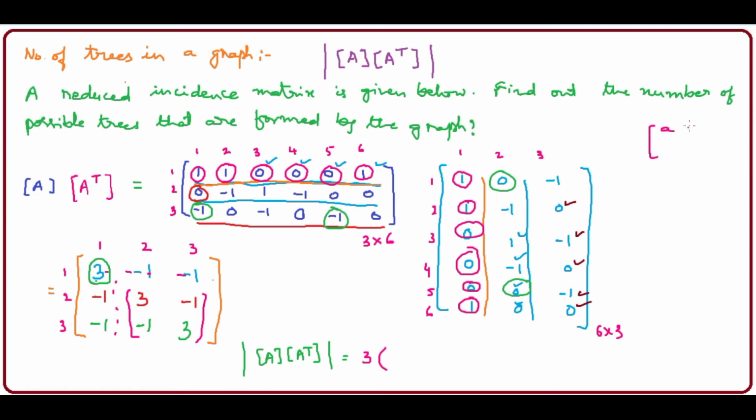If it is A, B, and C, and D, let me take this matrix as B, then modulus of B is equal to AD minus BC. Okay, so this is the det. So now it will be 3 into 3 is 9, minus minus 1 into minus 1 is plus 1.